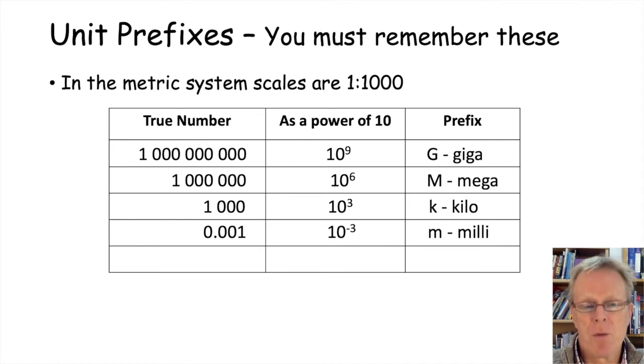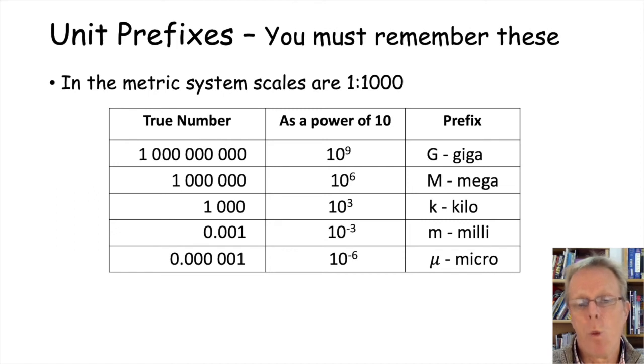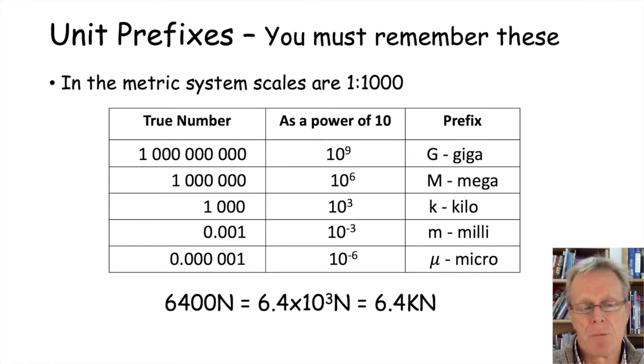And also the other one that you come across quite frequently in engineering is micro, which is 10 to the minus 6, or 0.000001. And you've got a couple of examples here. 6,400 newtons could also be represented as 6.4 times 10 to the power of 3 newtons, or 6.4 kilonewtons.